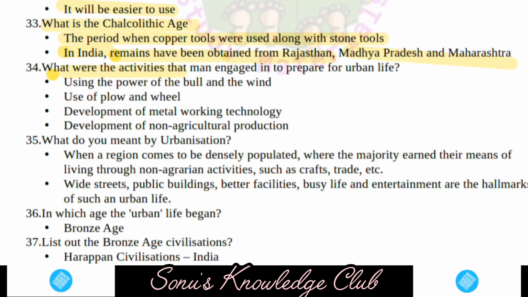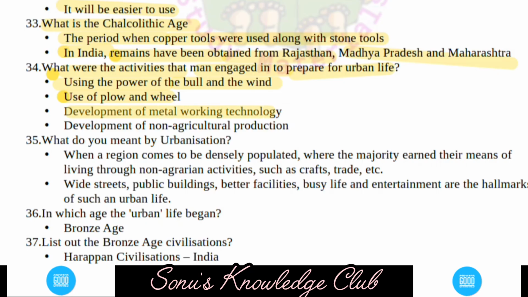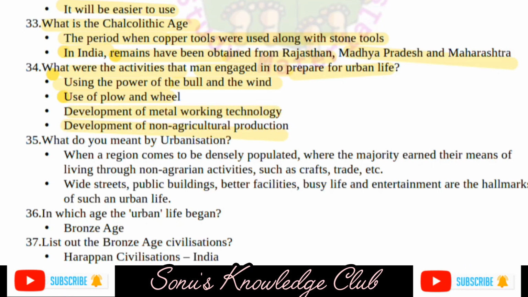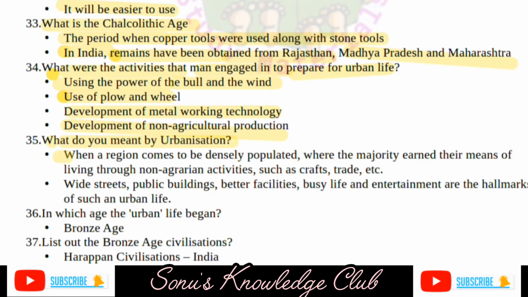What were the activities that men engaged in to prepare for urban life? Using the power of bull and the wind, use of plow and wheel, development of metal working technology, development of non-agricultural production. What do you mean by urbanization?